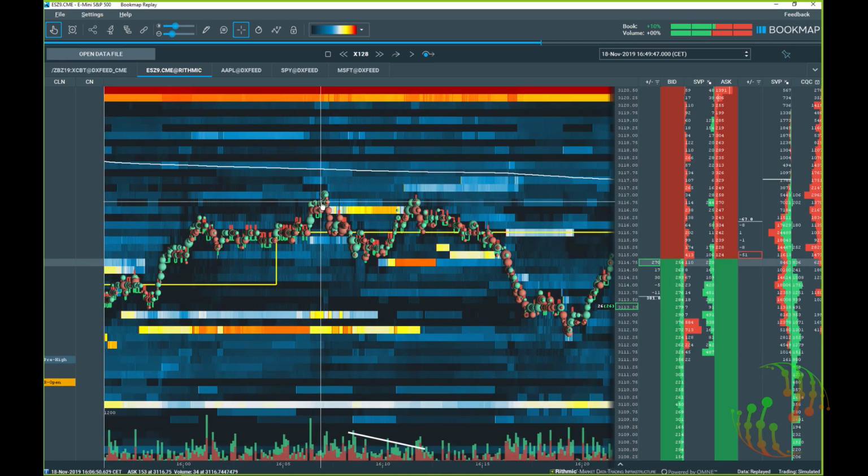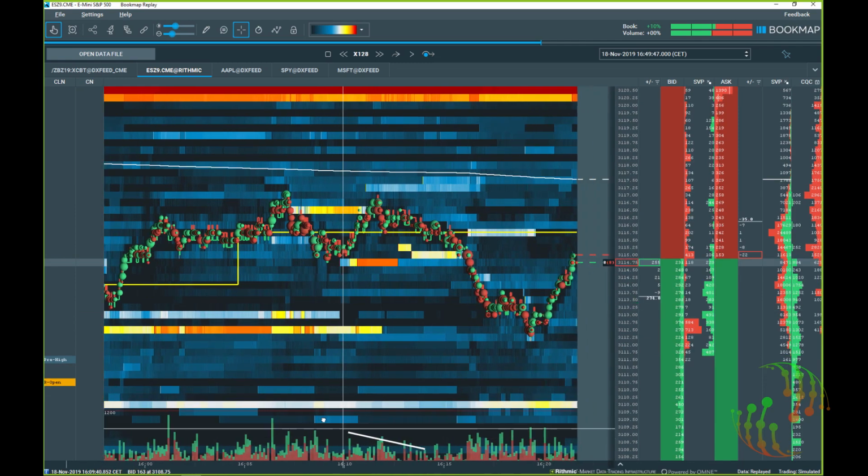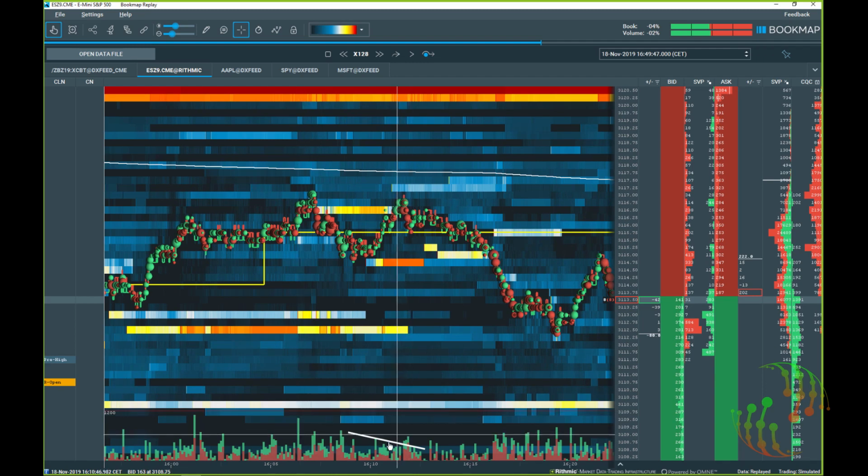Then we had good volume here. Okay, in a way it's clear. We had good volume here, and that's the confirmation. We had good volume here, and then you see less volume here. This peaks.